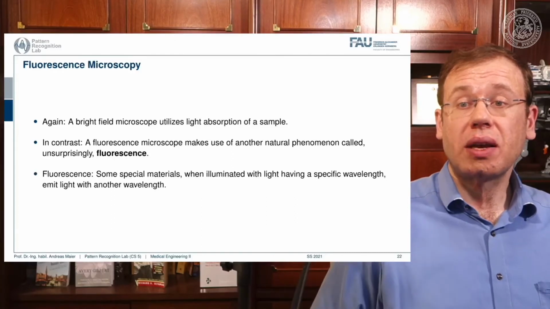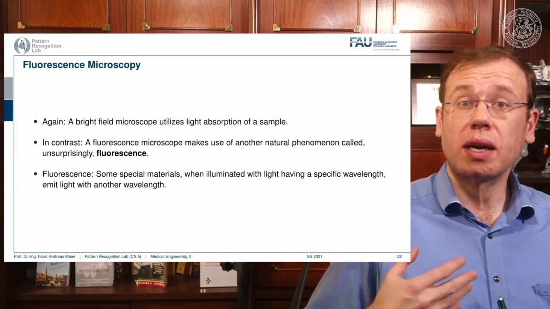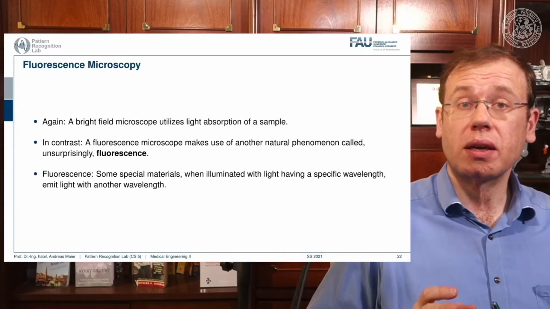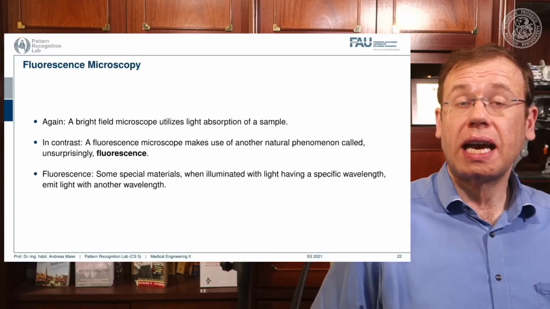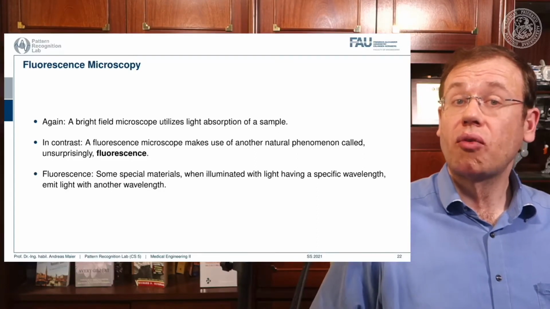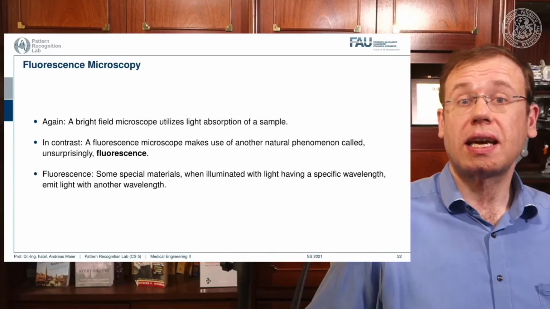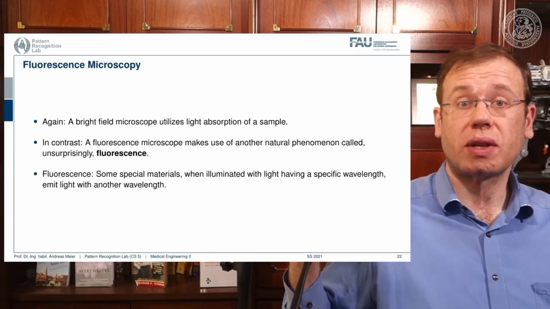So here we use some special materials, and when they are illuminated, they resonate at a specific wavelength and emit another wavelength. So we can this way convert one light into another light, and this only occurs at a specific light frequency. And this allows us then to differentiate different materials, for example, contrast agents that have been used in the specimen, and you can, for example, use tracers with that.